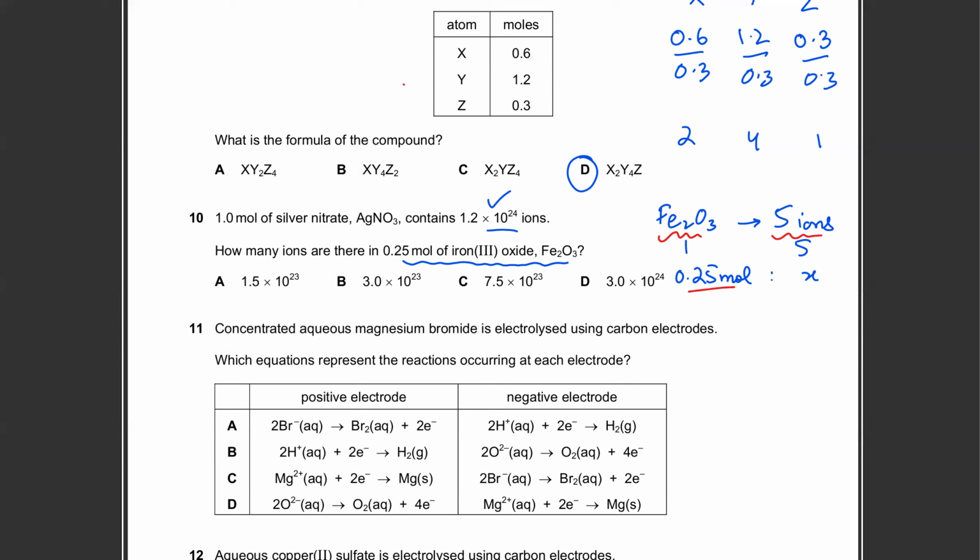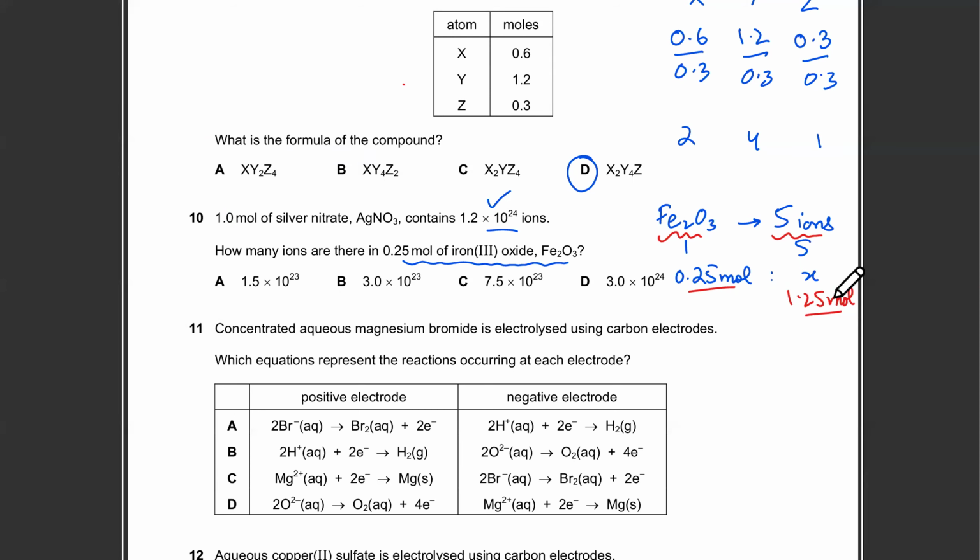So if you have 0.25 moles, how many ions in terms of moles would you have? What's 0.25 multiplied by 5? That's 1.25. So you've got 1.25 moles of ions, right? Now convert that to number of particles. How do you convert moles to number of particles?